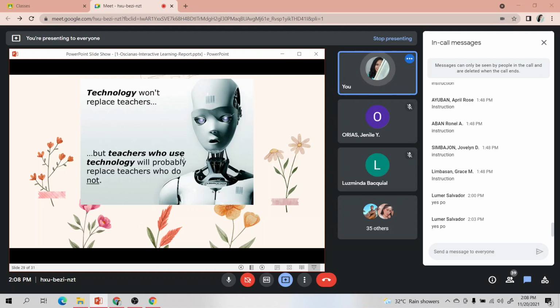But teachers who use technology will probably replace teachers who do not. So, of course, even with modular learning, the teacher is still needed. As I observe, there are teachers, especially the older ones, who are no longer comfortable with technology, unlike the younger ones. Although they are already master teachers, they still ask for help on how to make a PowerPoint, just like that. So the teacher should really be flexible.